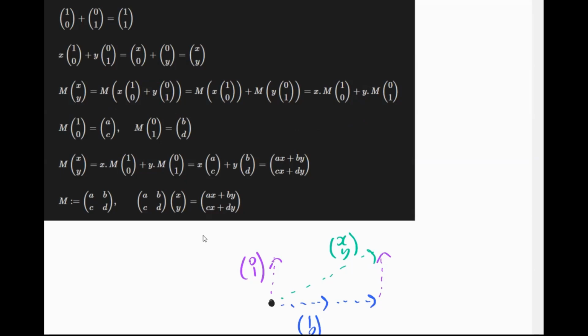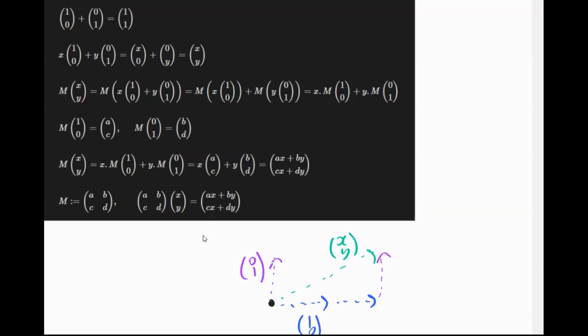And so what it's really telling us is that to find out where x, y gets mapped, we just need to know where 1, 0 gets mapped and where 0, 1 gets mapped, and then scale those by the corresponding x and y numbers. And so you can see by this equation that the way our matrix acts is totally defined by where it sends the vector 1, 0 and where it sends the vector 0, 1.